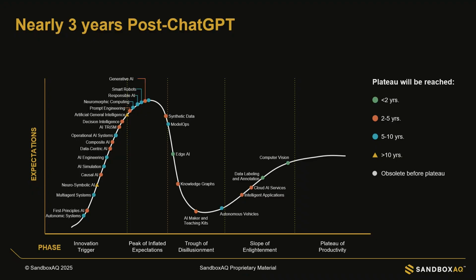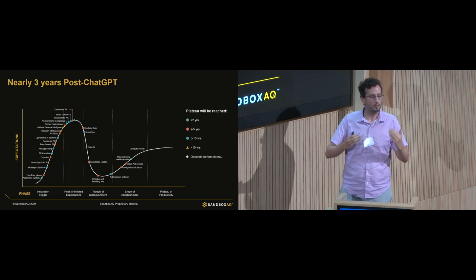So it's now almost 3 years post ChatGPT. And if you've not seen this kind of graph before, this is something called the Gartner hype curve. It tells you, especially from an industry perspective, how you should think about emerging technologies.